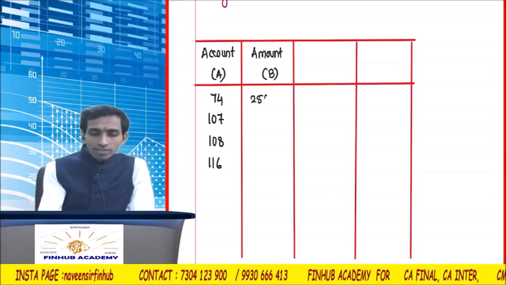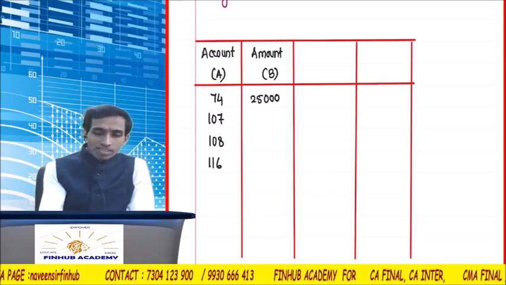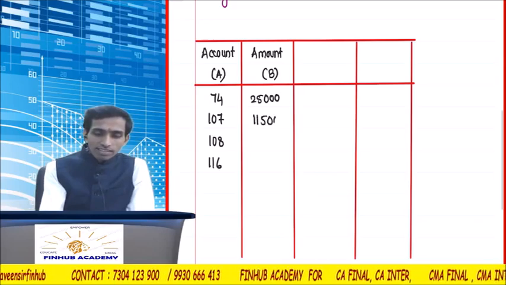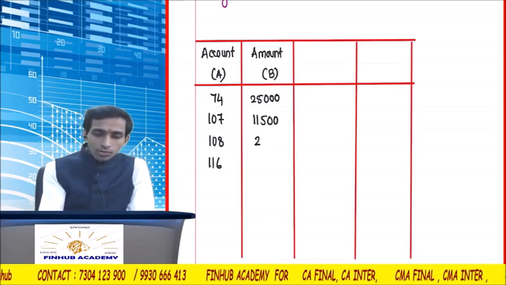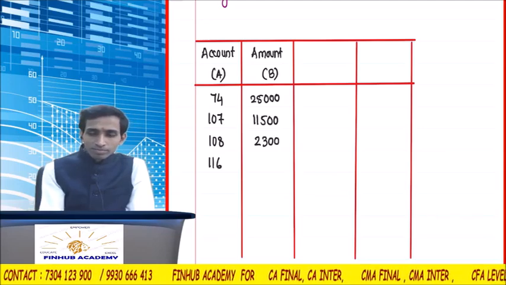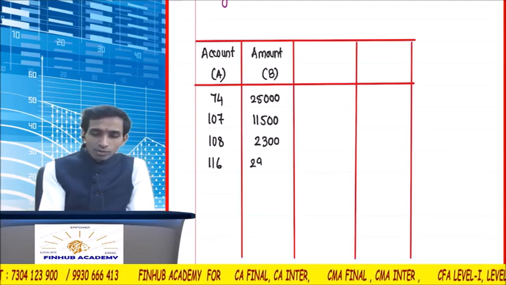Amount is 25,000, 11,500, 2,300, 29,000.